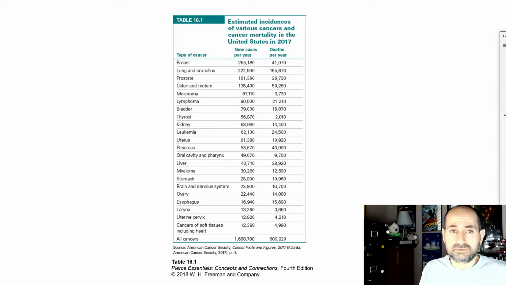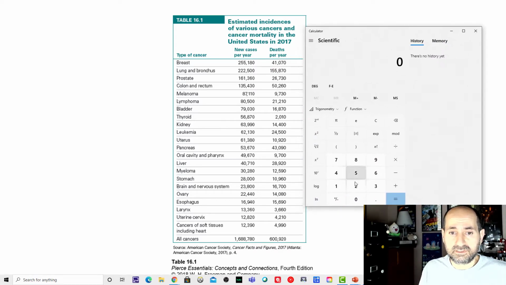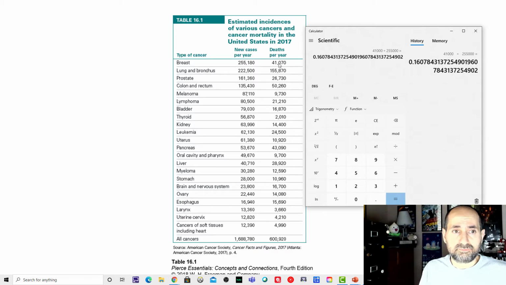So we could do a quick calculation here. 41,000 deaths out of 255,000 cases. That's 16% of people with breast cancer passed away.